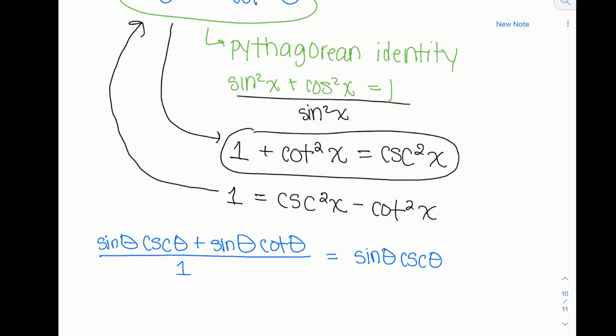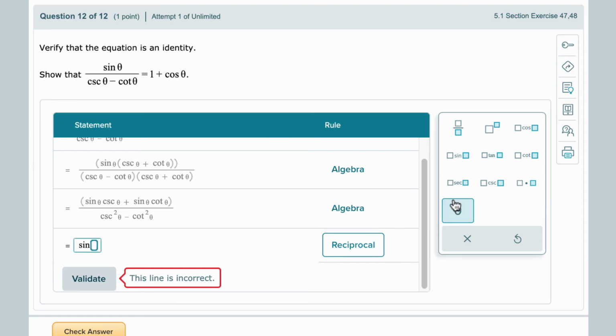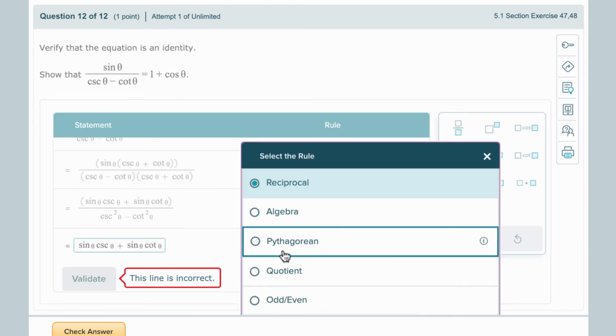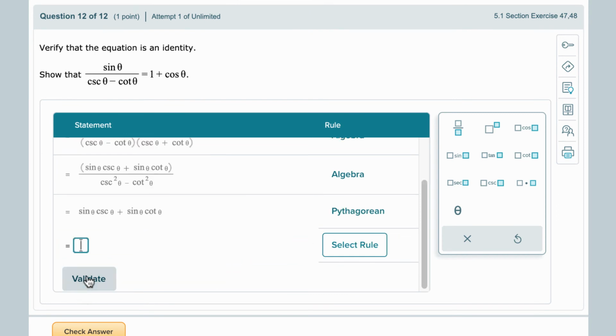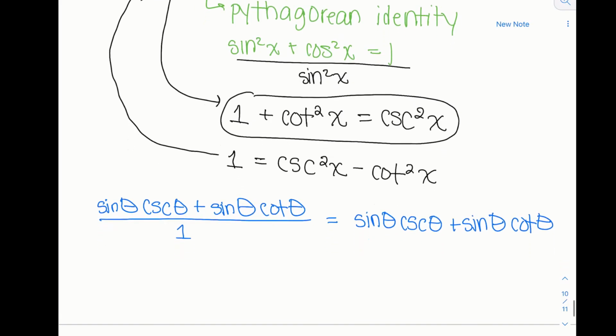So let's see if I write that without the denominator at all. Okay, and I'll try to type that in. And the rule that we use is the Pythagorean. Okay, so it worked. And now we can move on and keep simplifying.